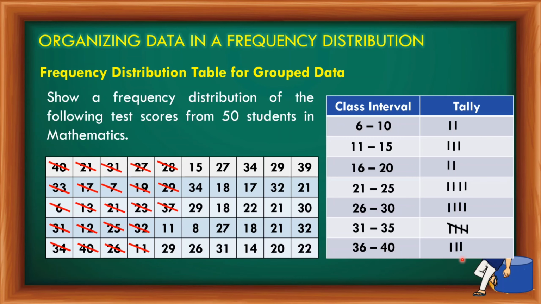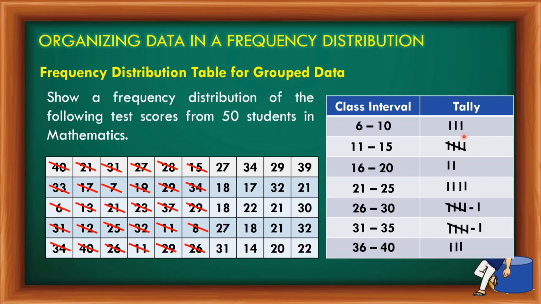Sa 36 to 40. Next is 11. We have here 29 sa 26 to 30. 15 is the next number sa 11 to 15. 34, mark natin si 34 sa 31 to 35. 29 sa 26 to 30.